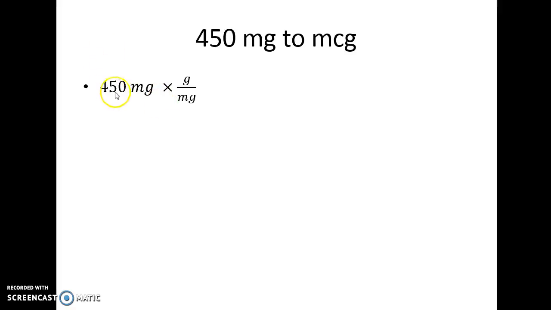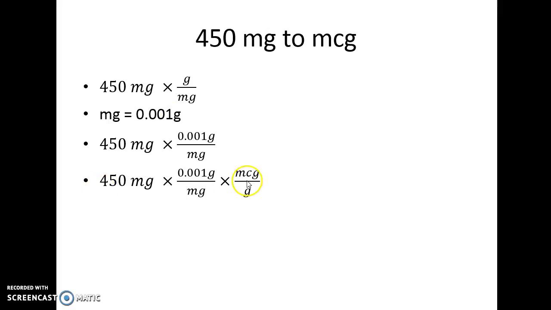Now I go ahead and I do my problem. I start with 450 milligram. Remember, we need to have milli in the denominator for cancellation. I make my fraction equal to 1 using the equal statements. Milligram equals 0.001 gram, so I insert the 0.001 with gram because it's with gram here. Now, microgram is my next step. I'm going to go from gram to microgram.